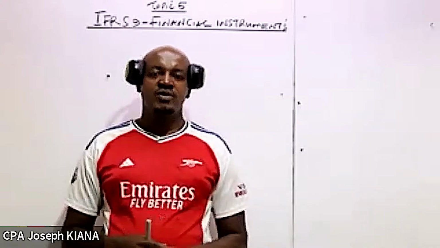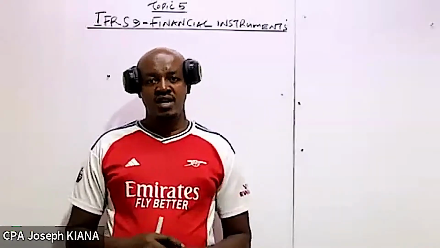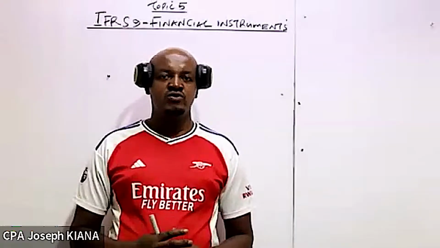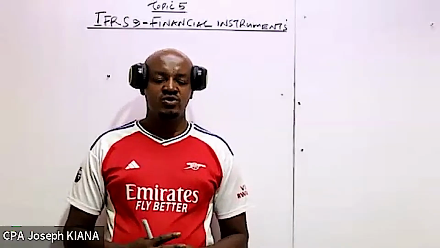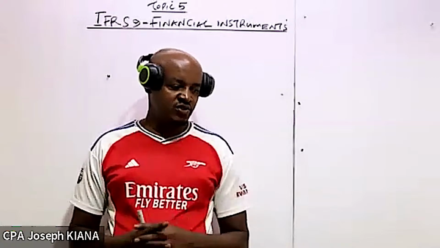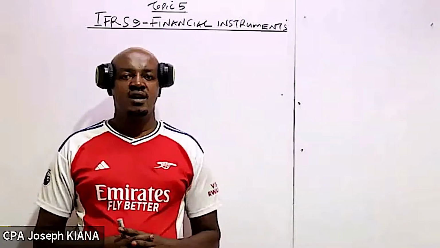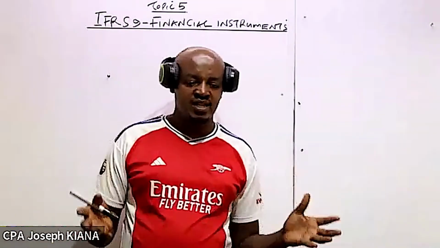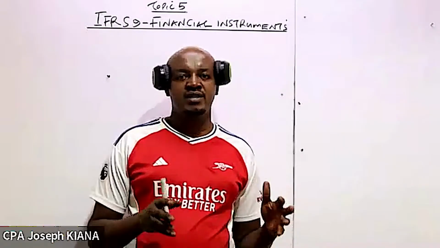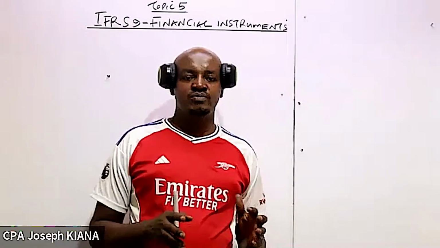And finally, we are going to discuss hedging in relation to financial instruments. Those are a number of issues we're going to discuss in this topic. But generally, we have to start by defining what financial instruments are.